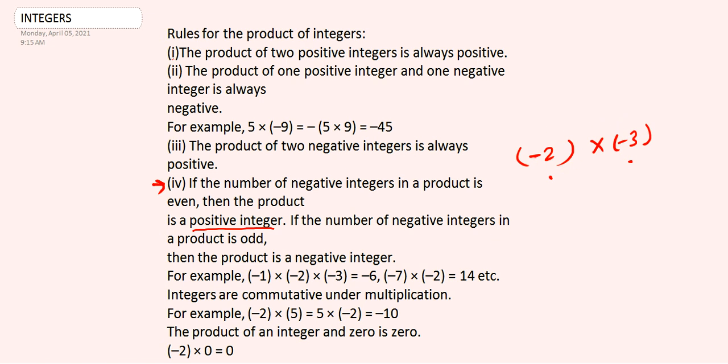We are having one negative sign and another negative sign. Two negative signs we are having here. So whenever you are multiplying an even number of negative signs, your answer will be positive. So minus 2 and minus 3, minus into minus is plus, 2 3s are 6.